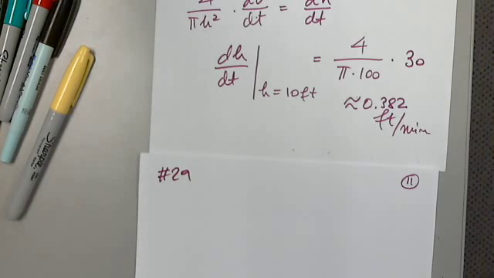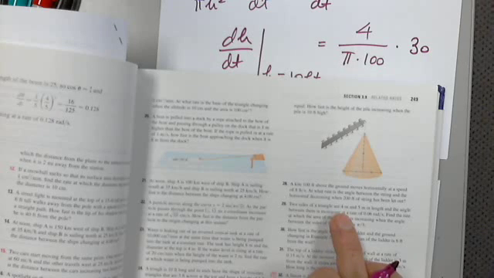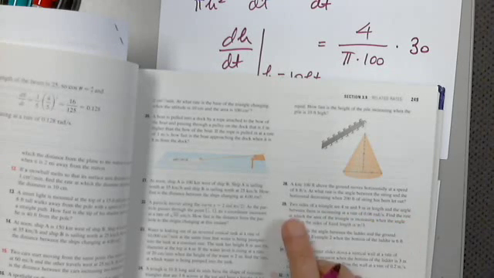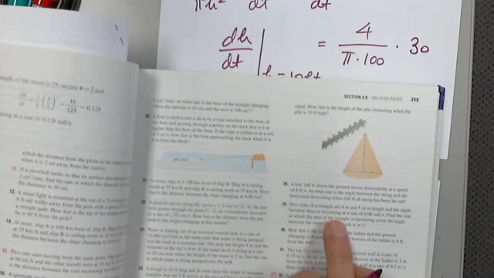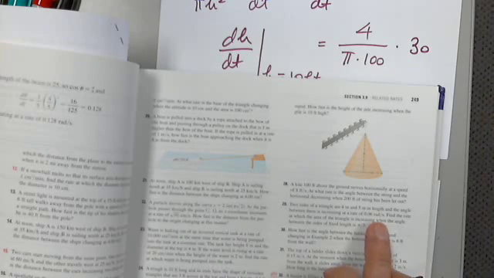29. Let's read it. Two sides of a triangle are 4 meters and 5 meters in length, and the angle between them is increasing at a rate of 0.06 radians per second. I'll stop.